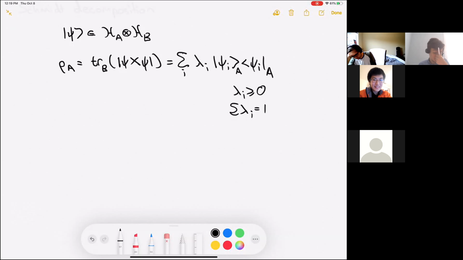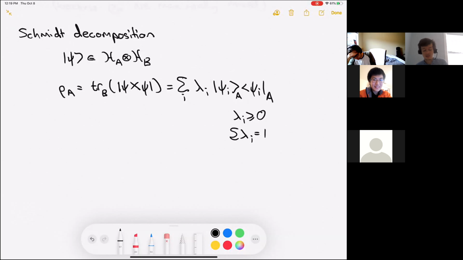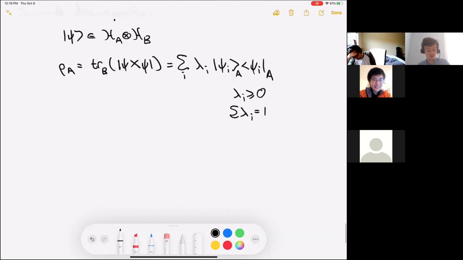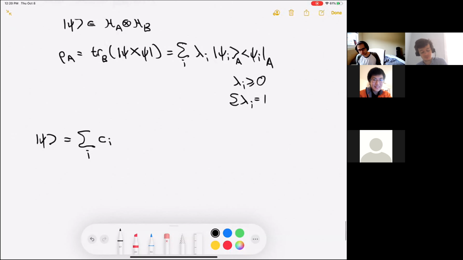Okay. So now, what can we do? We can use this basis, |psi_i>, for A, and use it to expand our original state psi. In other words, we can write the full state psi as just a sum over i of some coefficient c_i, |psi_i>, times some state, let's call this |phi_i>.